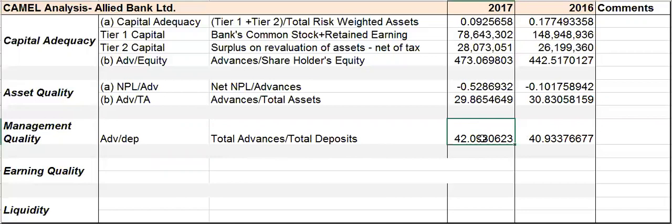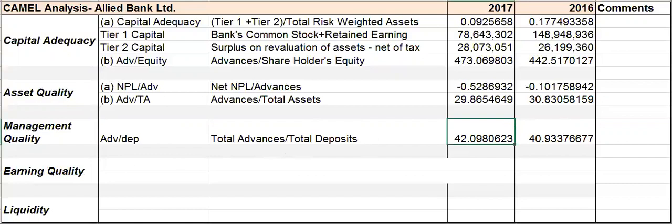They are lending more as compared to their deposits. This ratio is higher in 2017, so with respect to management quality, Allied Bank is performing well in 2017 compared with 2016.